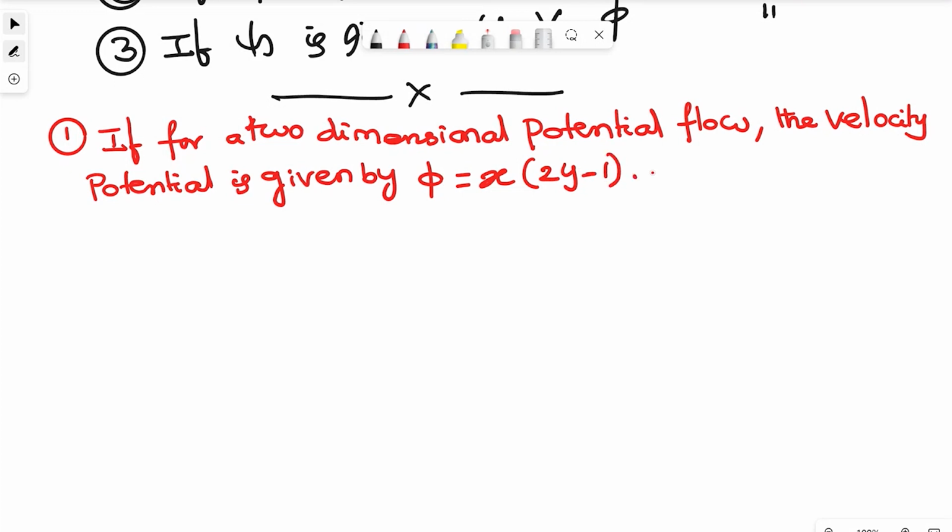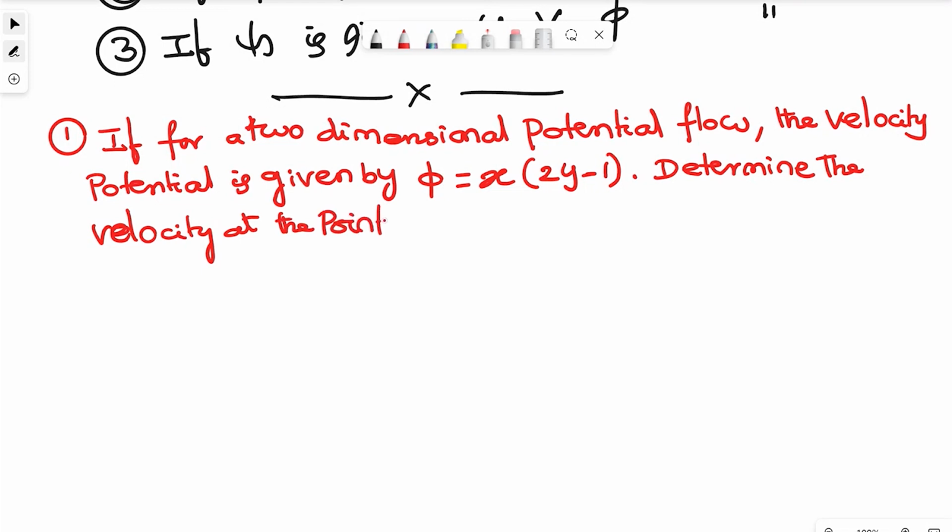Determine the velocity at the point P (4, 5).